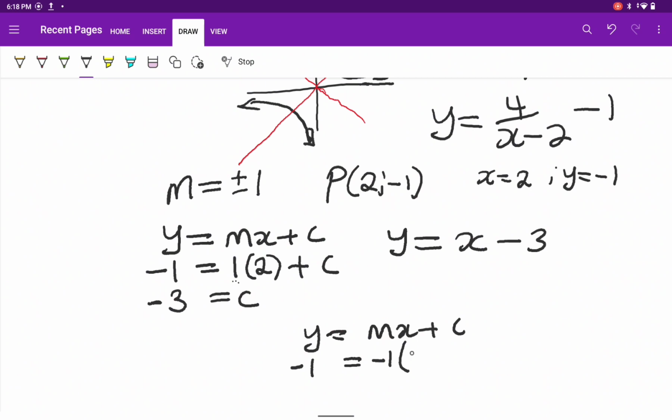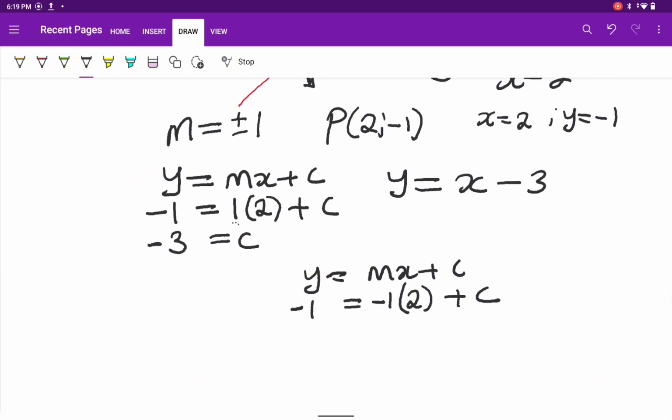Then x is 2, and we are looking for c. So -1 times 2 is -2, and when we take it to the other side it becomes plus. So -1 plus 2 is 1, giving us the value of c to be 1.